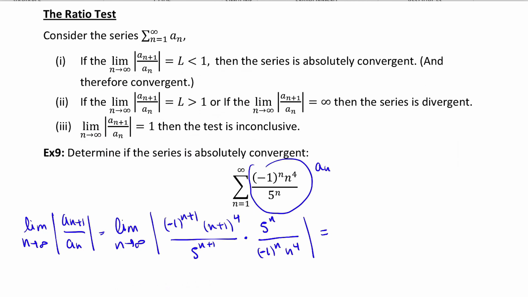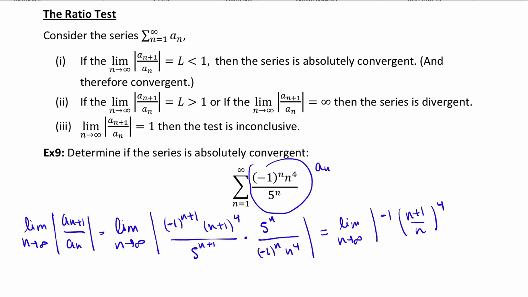For example, here I have negative 1 to the n plus 1 and negative 1 to the n, so I'm left with negative 1, and the absolute value of negative 1 is 1. Then I can combine n plus 1 to the fourth and n to the fourth, and write it as n plus 1 over n, to the fourth.